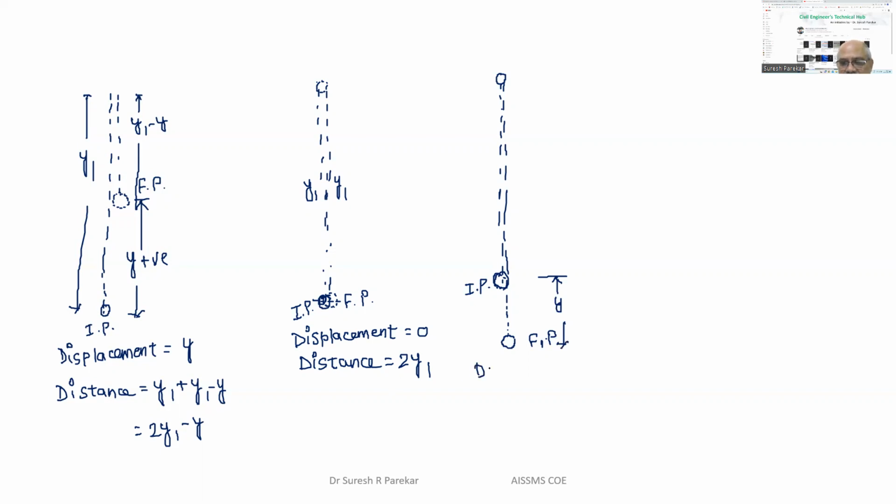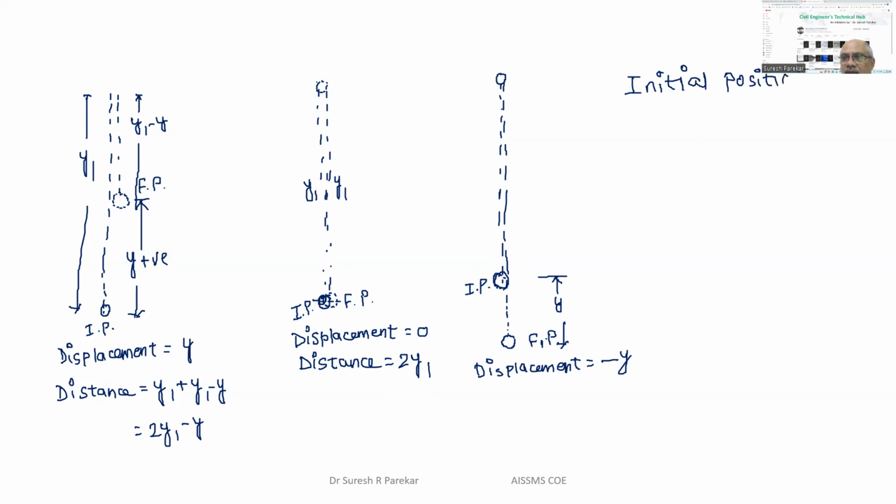Now what is displacement here? The displacement is equal to minus y. Why minus y? Because the initial position is always considered as origin.